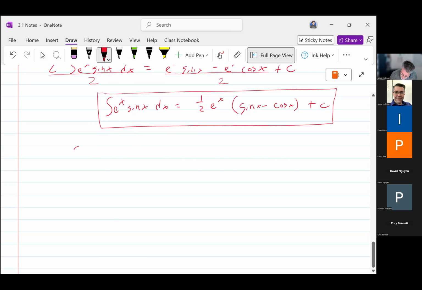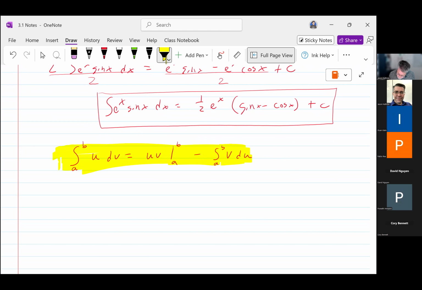Okay, if we have limits of integration, we can still do integration by parts. The integral from a to b of u dv is equal to uv evaluated from a to b minus the integral from a to b of v du. We just use that.